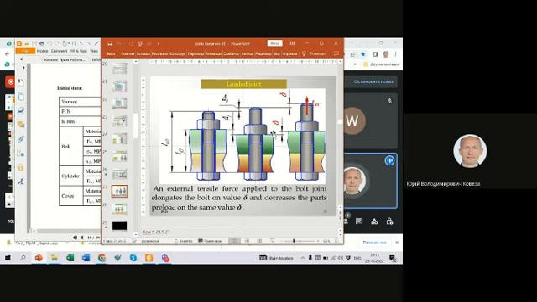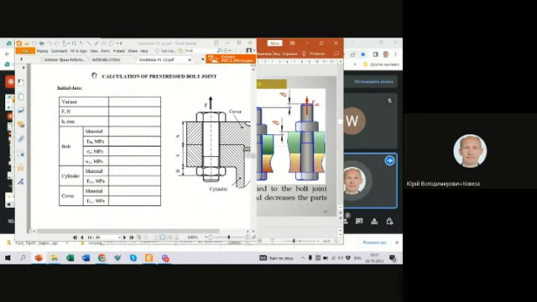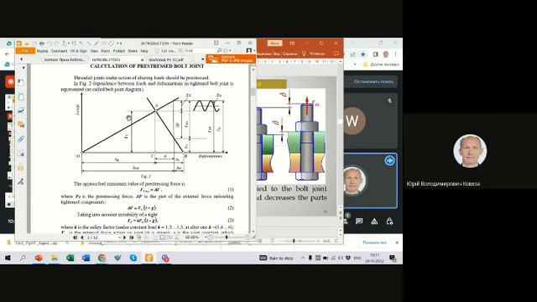And I showed you in lecture that we should have this deformation less than the delta joint deformation. Finally, we have diagram like this.